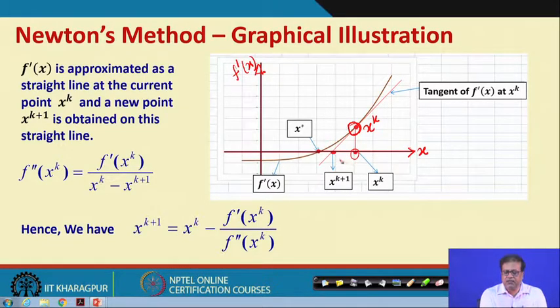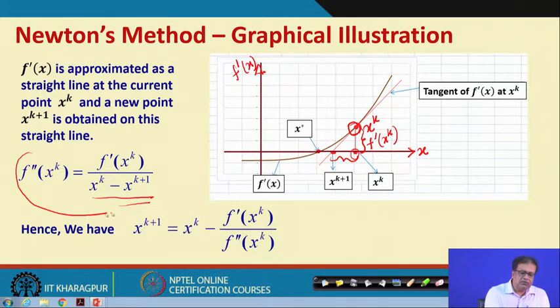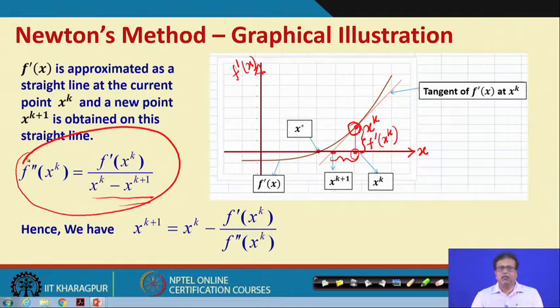So, this is our new point x k plus 1. This side is x k minus x k plus 1, and this side is our f dash x k value, that is the functional value. So, this is the way by which we can define f double dash x k.